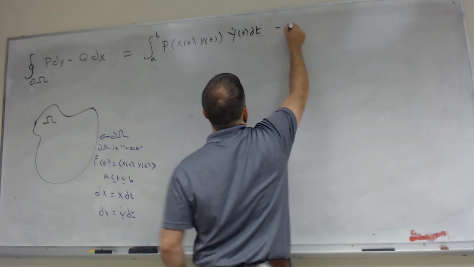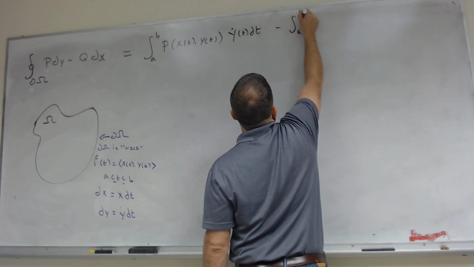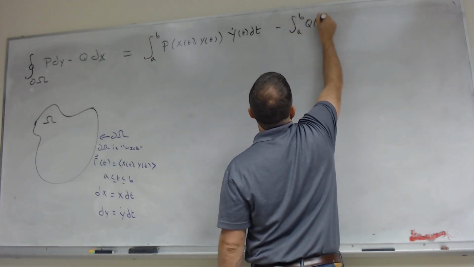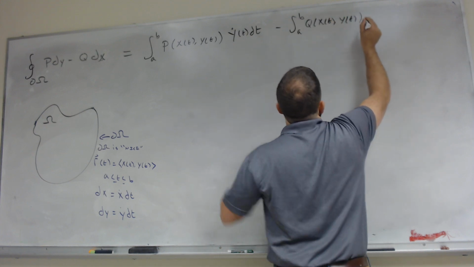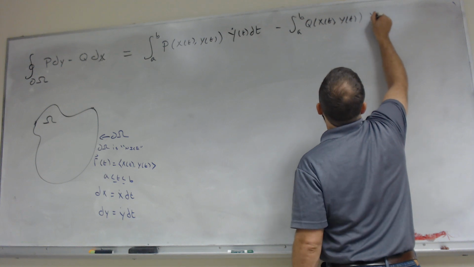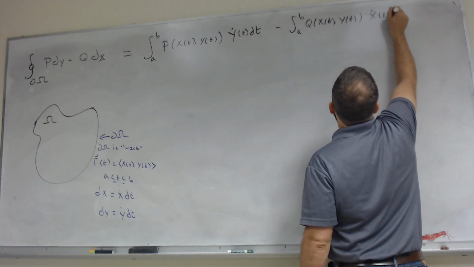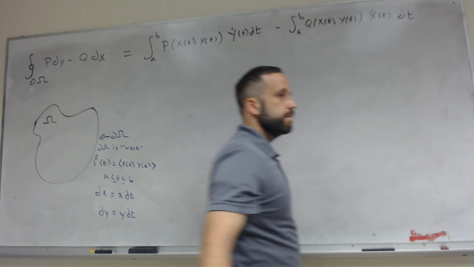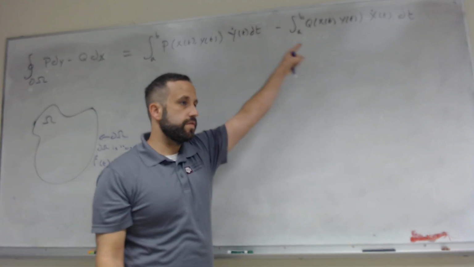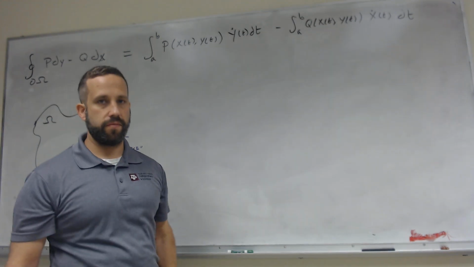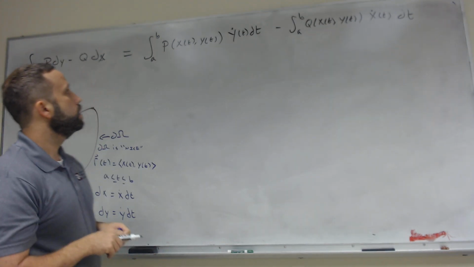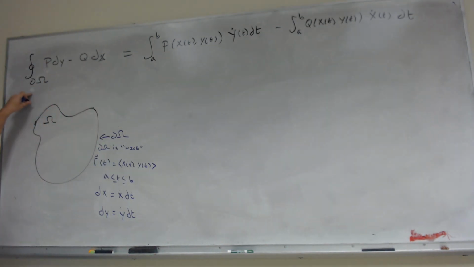And then for the q integral, it's the integral from a to b of q of x of t, y of t, and then dx is x dot dt. Okay, now both of these integrals here are just normal integrals from t going from a to b. It's just a regular Calc 1 integral. But it is how we compute this line integral around the boundary.